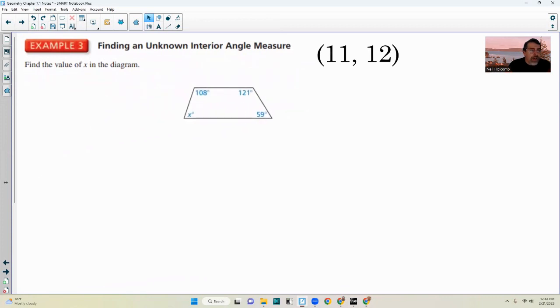It says to find an unknown interior angle measure: find the value of x in the diagram. All right, so you want to write a formula. Okay, it is a 4-sided figure, but we just use the corollary and know that there's 360 degrees in a quadrilateral. So what you would do is say 108 degrees plus 121 degrees plus 59 degrees plus x degrees equals 360 degrees.